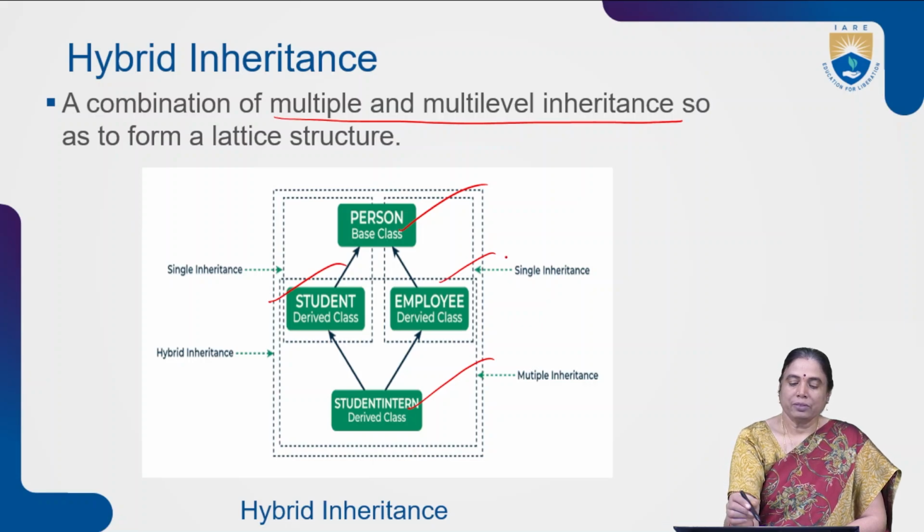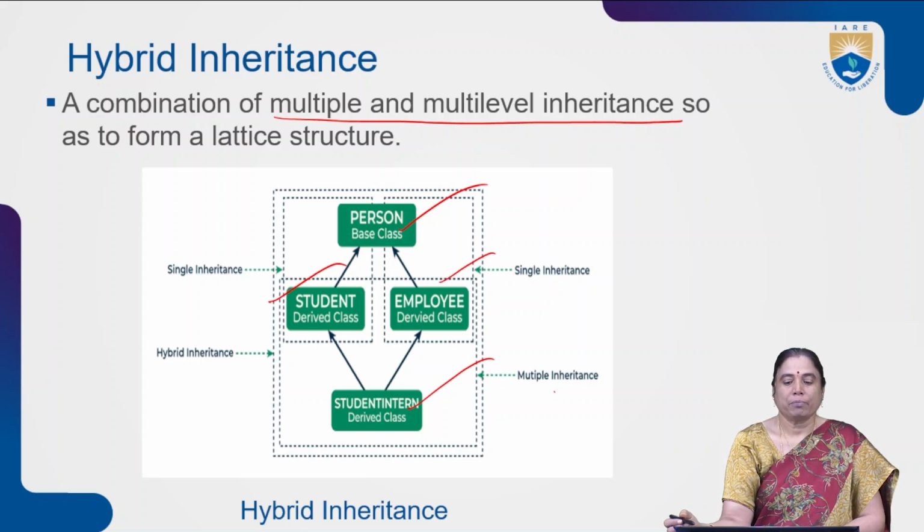So here this is the single inheritance until this, then the next is multiple inheritance. So by the combination of this multiple and multi-level, from the derived class one more class is derived, then it is called hybrid inheritance.